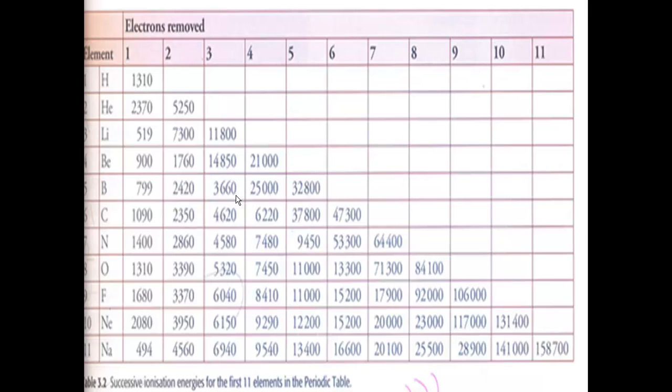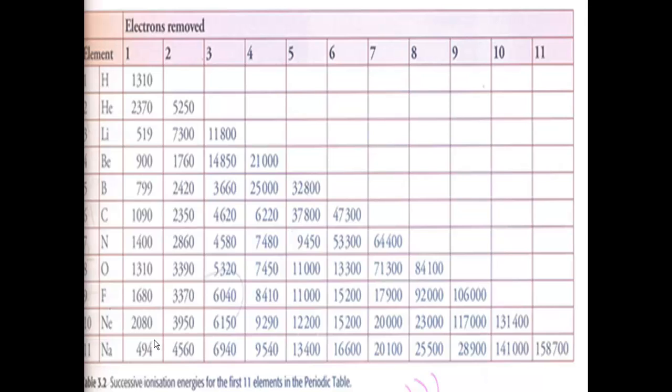Boron, same thing. You take away 3, big jump after a full energy level. Carbon's the same thing. Nitrogen, big jump between 5 and 6. Oxygen, big jump between 6 and 7. Fluorine, big jump between 7 and 8. Okay, so once you get into a full shell, it takes a lot more energy to remove that electron.